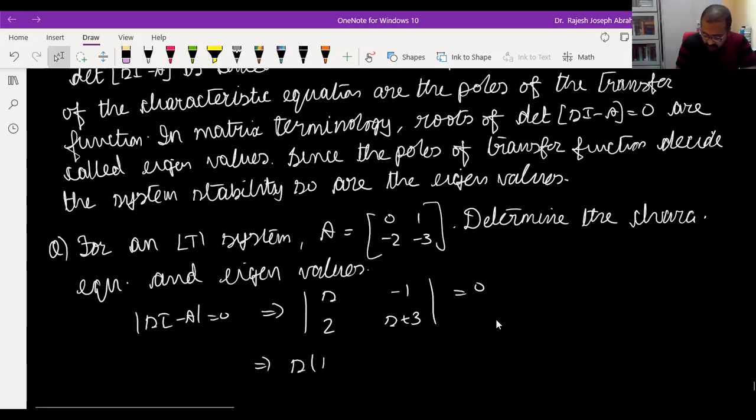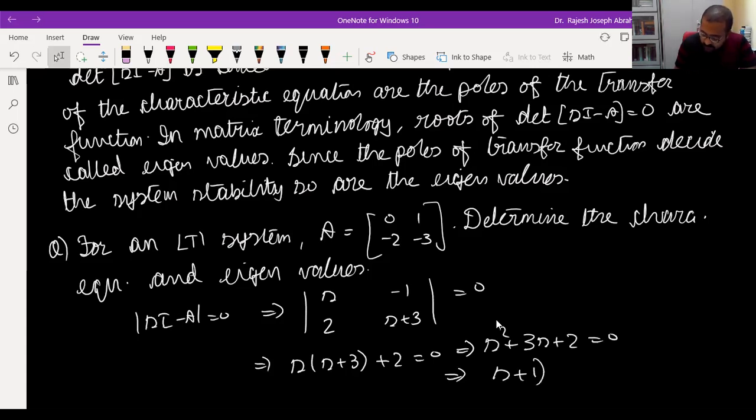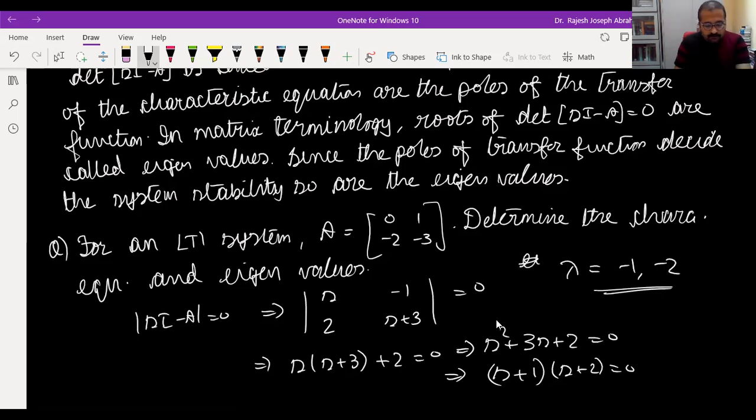S into S plus 3, minus minus 1 into 2, so plus 2 equal to 0. That means S squared plus 3S plus 2 equal to 0, or S plus 1 into S plus 2 equal to 0. So what are the eigenvalues? Eigenvalues lambda are minus 1 and minus 2.